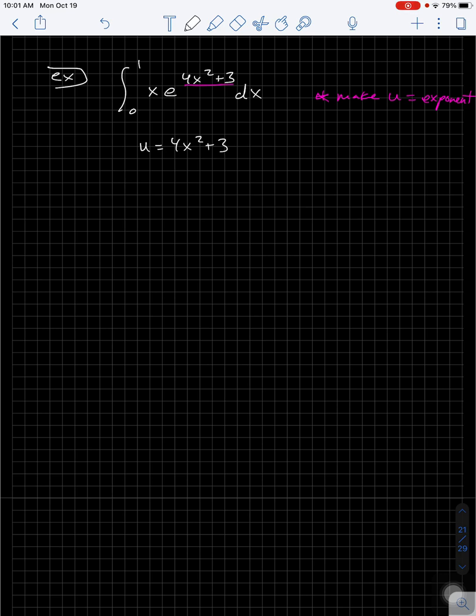And also notice that the x terms I have down here are a lower power than they are up here. So it's kind of that power rule again. Let x be your higher power because the du is going to lower the power. Now, if I let u be the whole e to the all the stuff, again, I'm creating a chain rule, which is going to mess things up for me, usually.